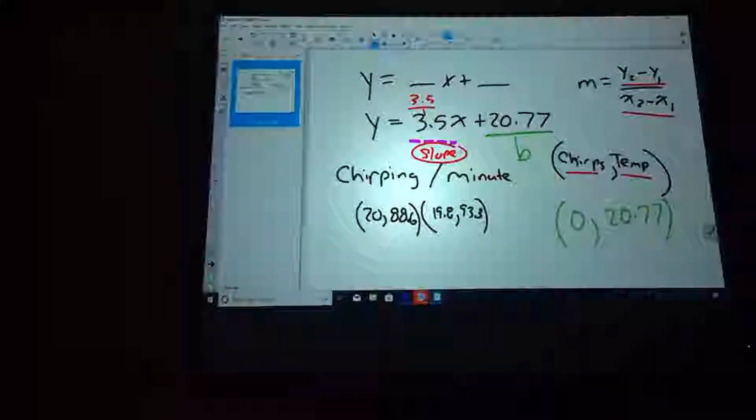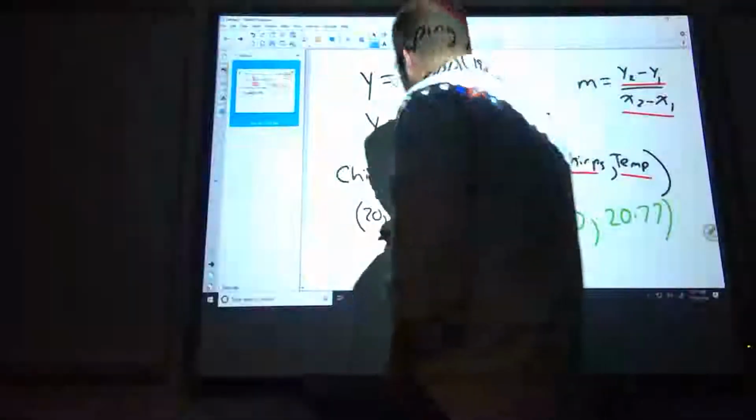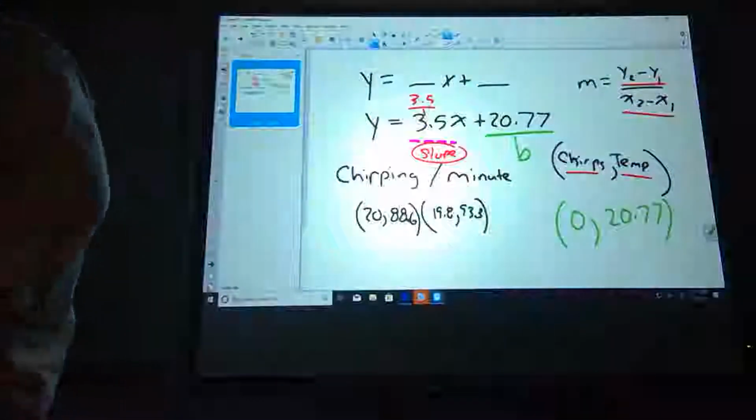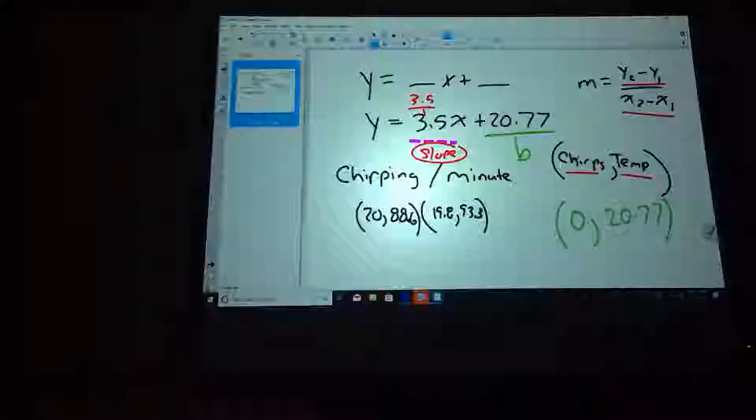What is my x value? Chirps. What's my y value? Temperature. So what does 20.77 mean as a temperature? There were 0 chirps at that temperature. That's exactly right. When it was 20.77 degrees outside, pretty chilly, no chirps based on our model.